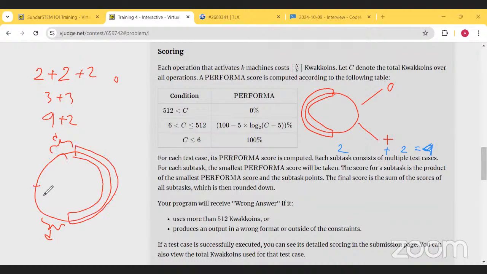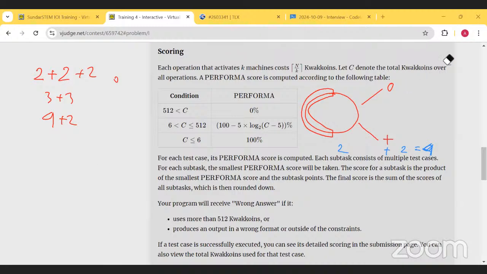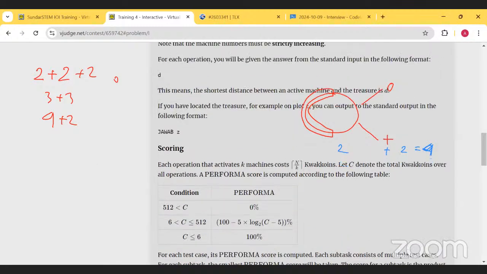Then the total cost is also 6. Okay, that is the solution. You may solve it with that strategy.